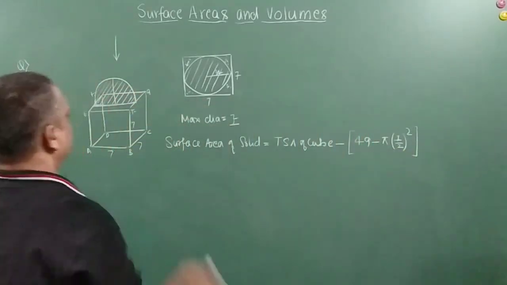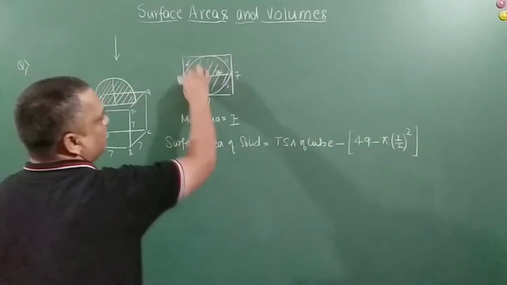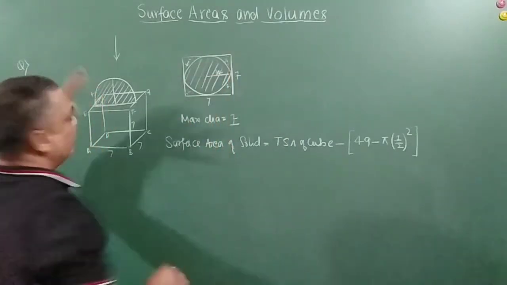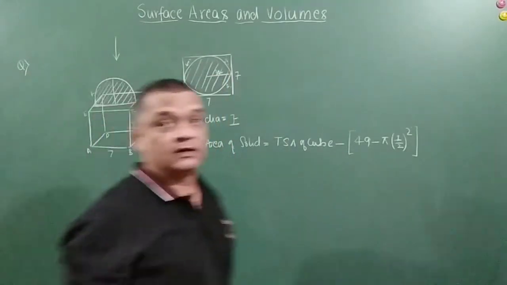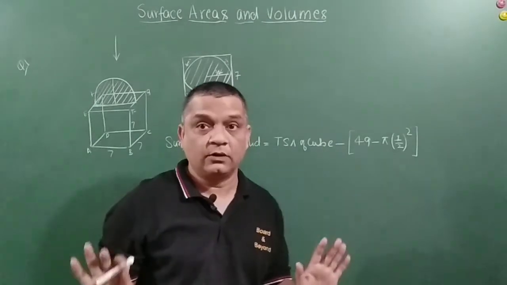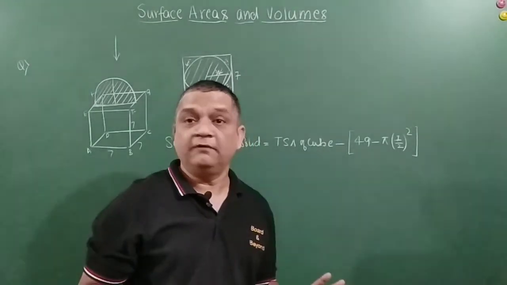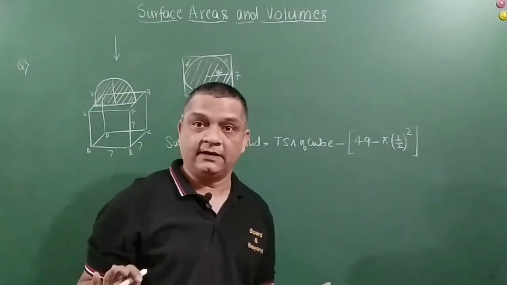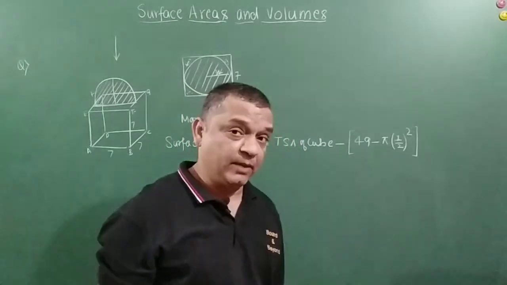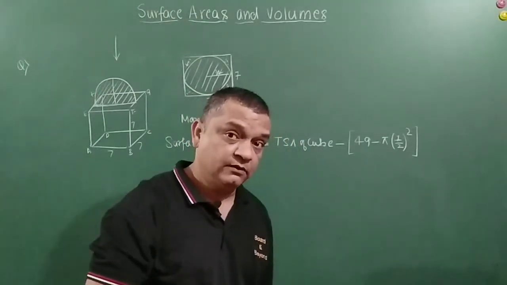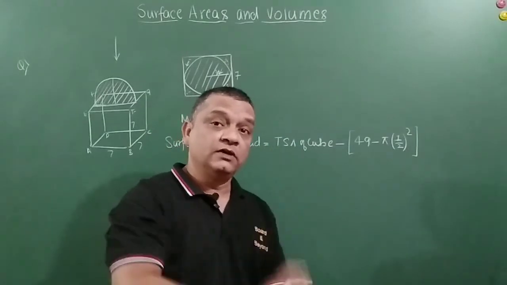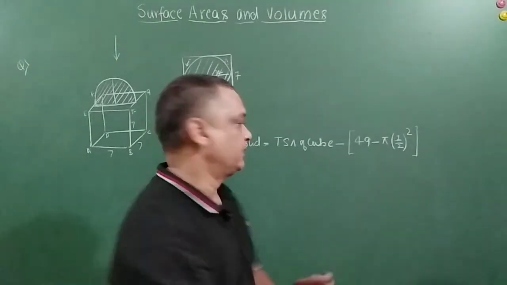Friends, one more thing. Now this is a circle here, but in actual practice this is not a circle. This is basically a hemisphere, correct? So that will have a curved surface area, right? So curved surface area of a hemisphere is 2 pi r square, right?